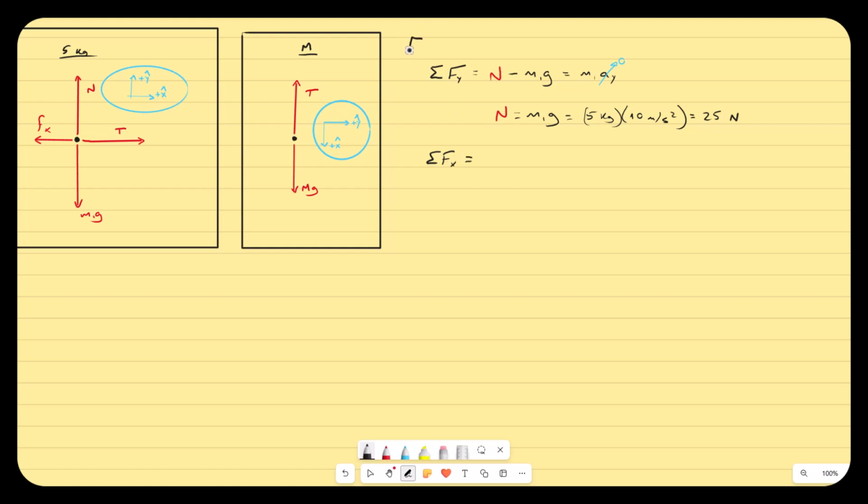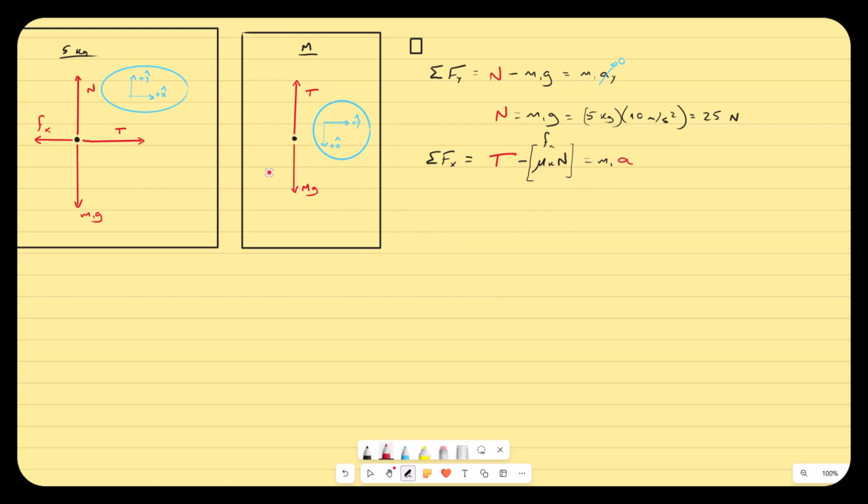Okay, x direction. This is all for the box. X direction, I'm going to have tension minus friction, and my frictional force is mu k times the normal force, because I'm looking at kinetic friction, equals m1 times acceleration.